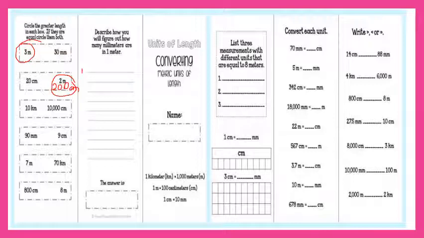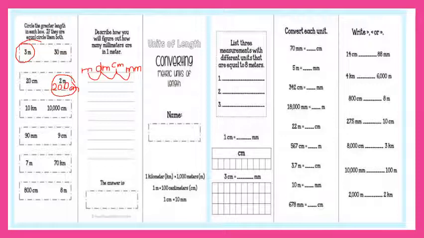If I go from meters to millimeters, how many jumps do I jump? I have between them decimeters and centimeters, right? So I have to jump how many times? 1, 2, and 3.